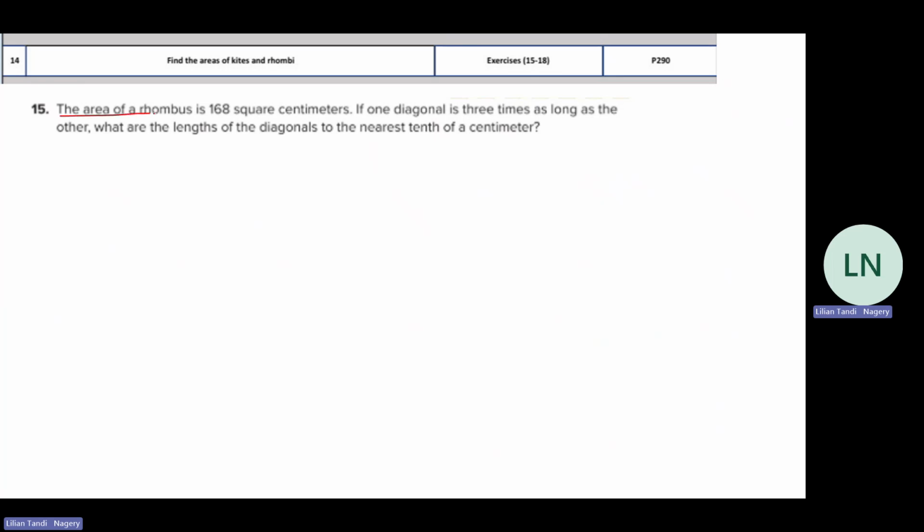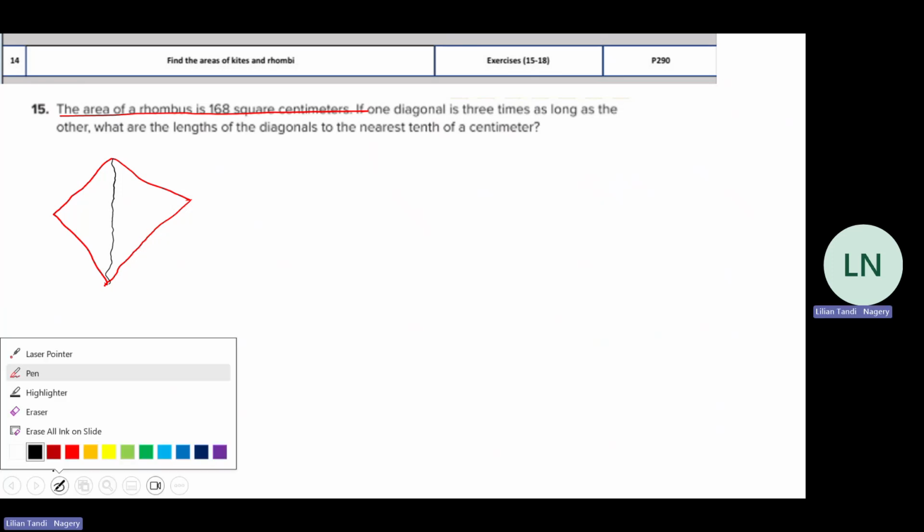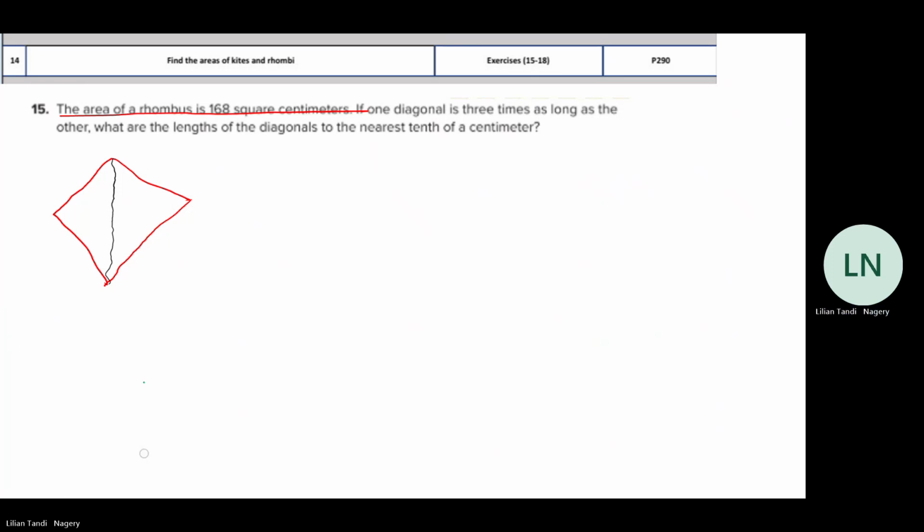Says here, the area of a rhombus is this. So I'm going to draw the rhombus, something like this. Okay, and then it has two diagonals. It has the diagonal that is vertical, and it has the diagonal that is horizontal.